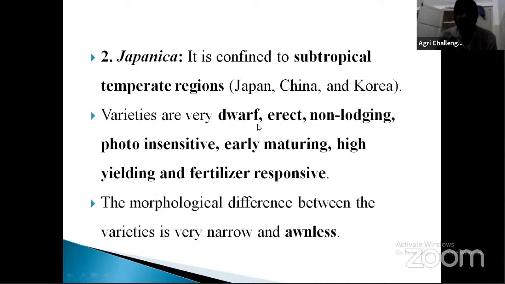These Japonica are very dwarf, which is advantageous, and non-lodging. Because of their dwarfness, these varieties are non-lodging, photoinsensitive, which is good, high yielding, and fertilizer responsive. Fertilizer responsive means if you apply more fertilizer, more yield will come in Japonica.